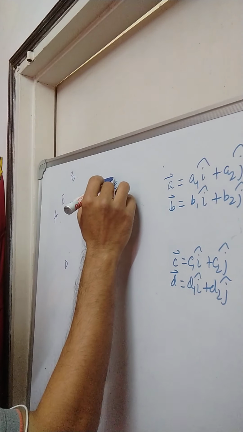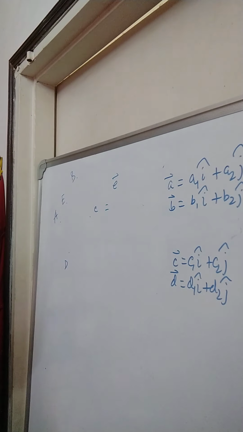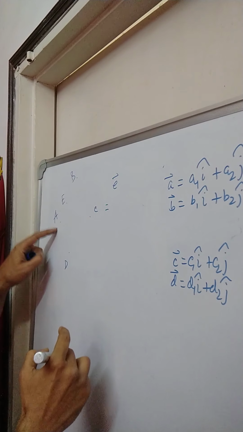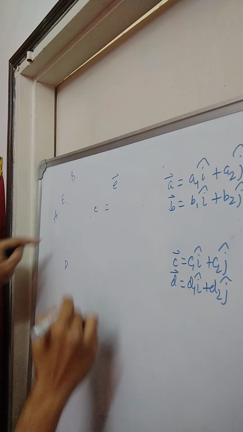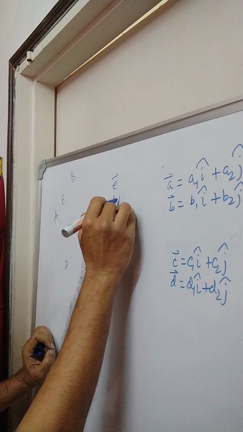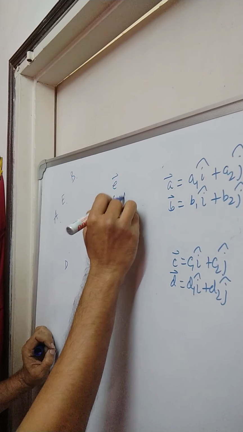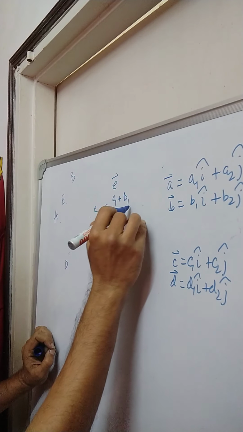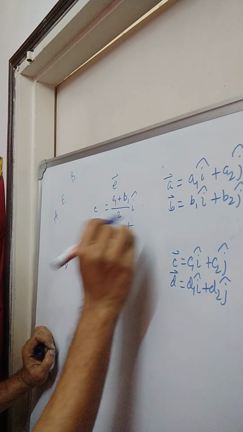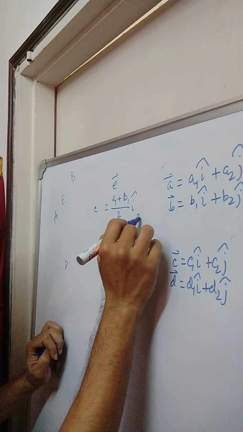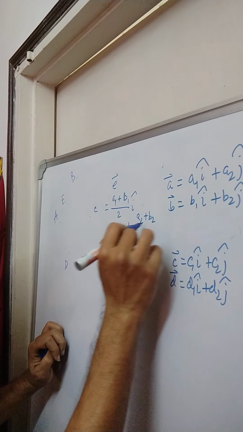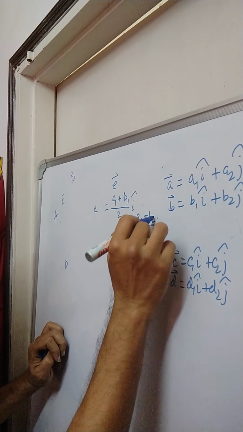So, what will be E? The position vector of E, that will be obviously the midpoint of A and B. So, it will be A1 plus B1 by 2 i cap plus A2 plus B2 by 2 j cap.